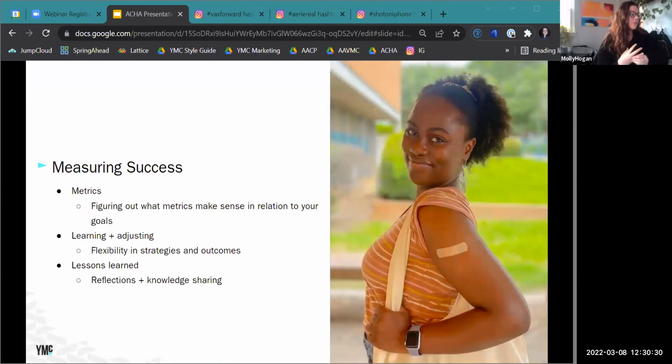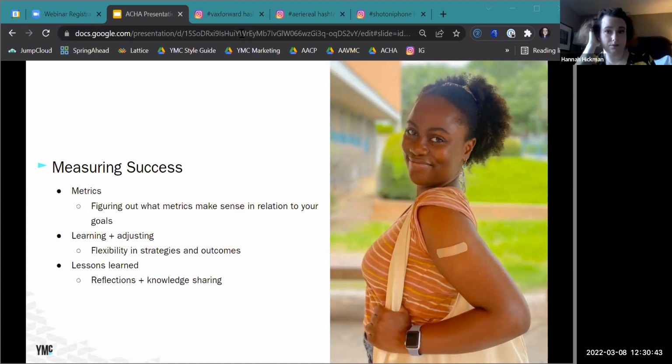Let's talk about measuring success. So with that, we've talked a lot so far about measuring success and metrics. We'll explain a little bit about what we mean in terms of success and how to set goals. It's always good to think of the way that you're going to measure a goal before you set it.